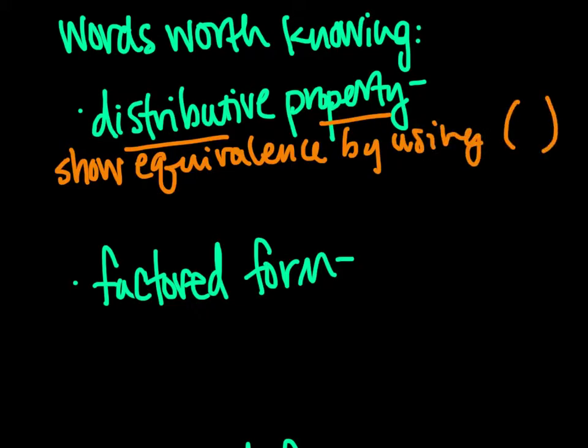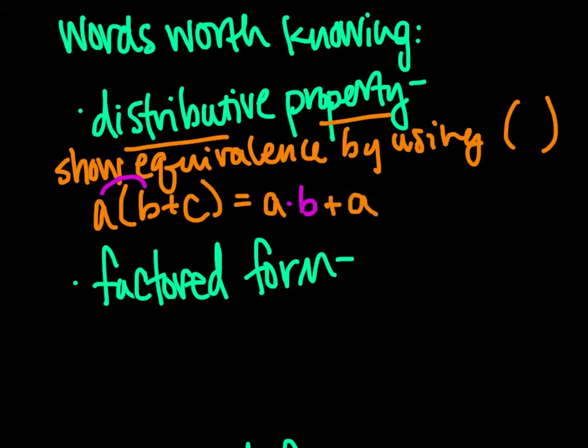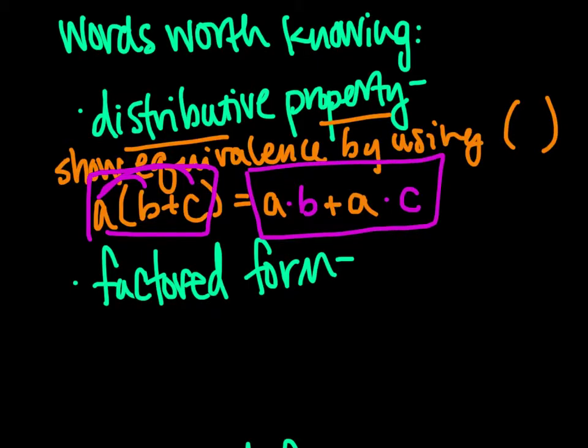So we're going to be saying, for instance, A times (B plus C) is equal to the same thing as saying A times B plus A times C. So those are equivalent expressions, and they used the distributive property.